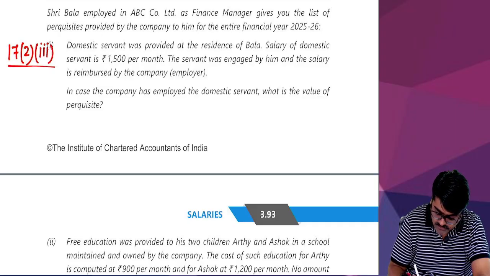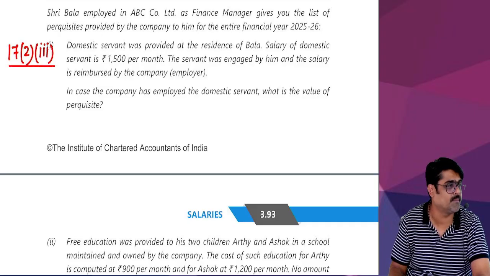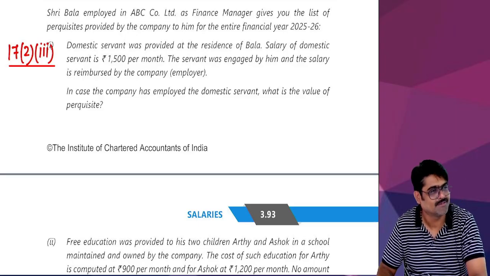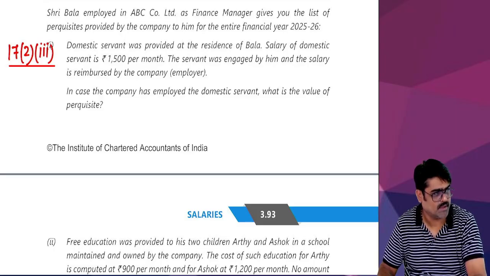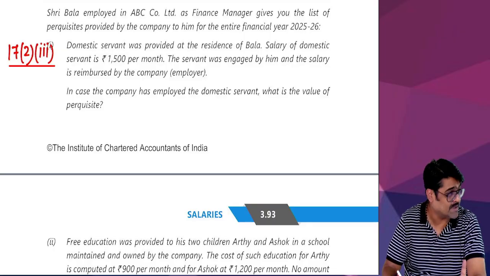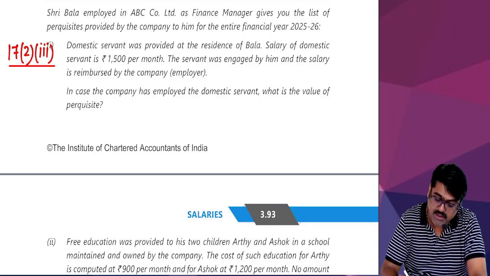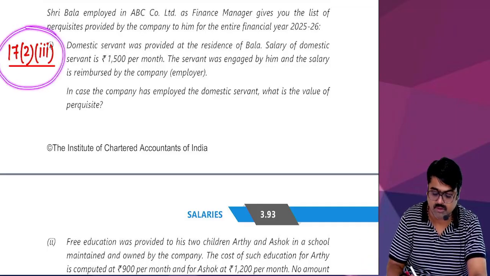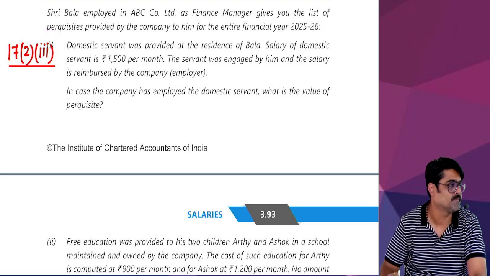Right now, servant was provided by the employer. If Bala is a specified employee, then taxable. If not a specified employee, then not taxable. Now, if you don't read the next line, your answer will be this, but this will be wrong. Why?